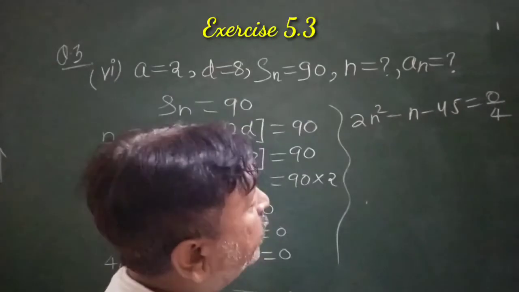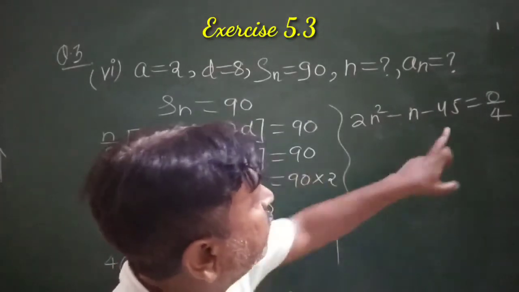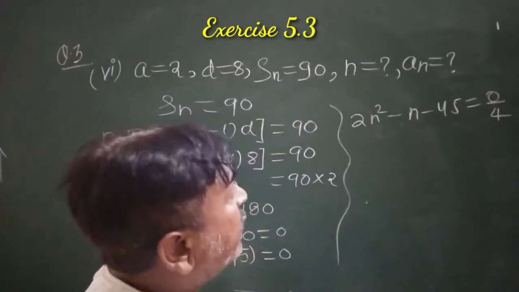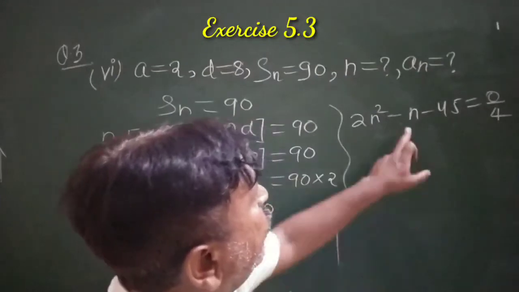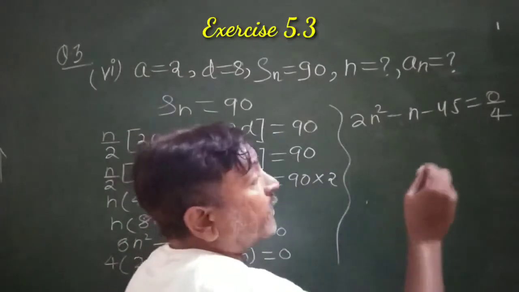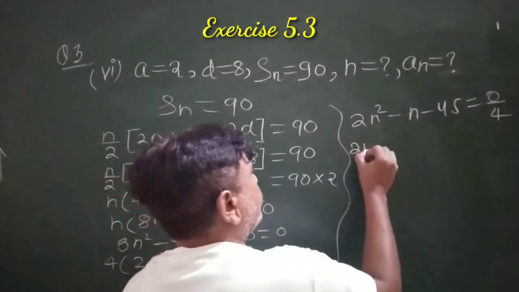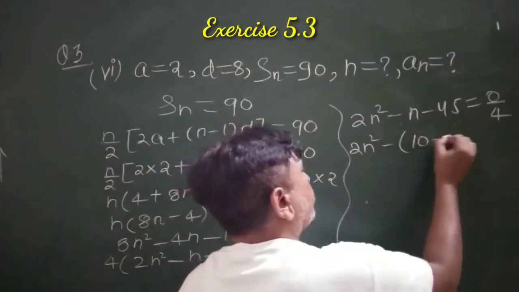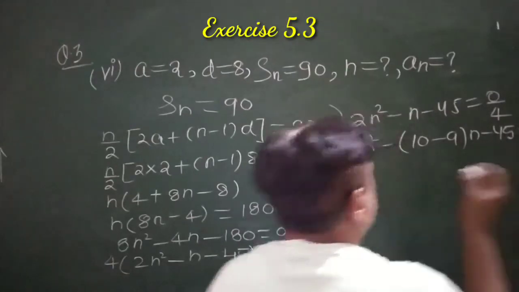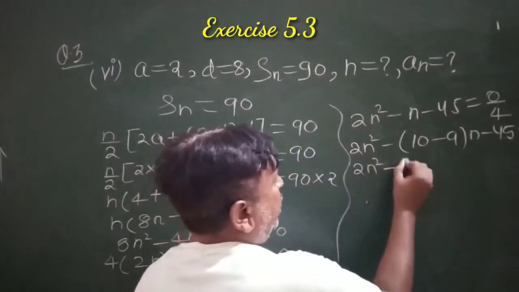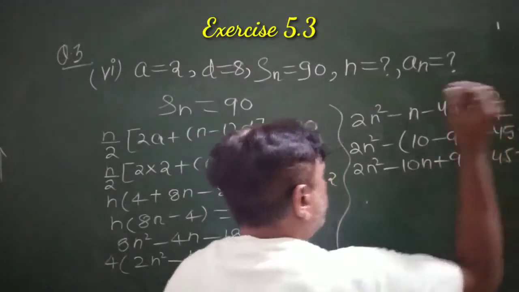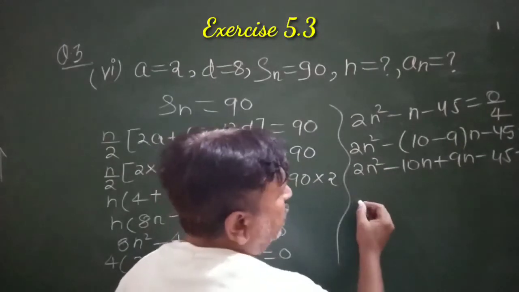It is a quadratic equation, so we have to do the factors. 45 into 2 is 90. So we need two numbers which on multiplication give 90 and on subtraction give 1. 10 nines are 90 and 10 minus 9 is 1. So 2n square minus 10n plus 9n minus 45 equals 0. Is anything coming common here?